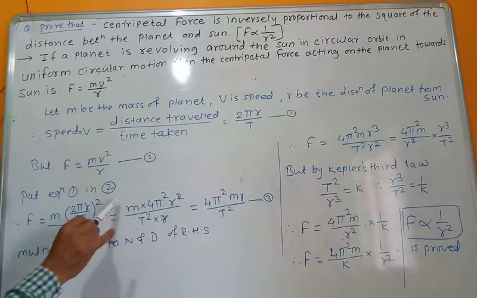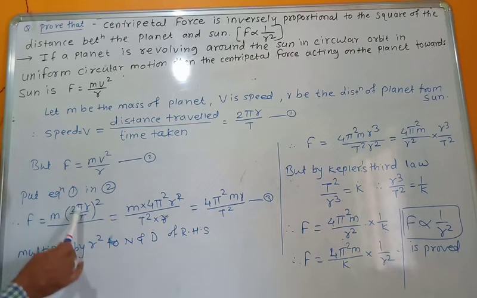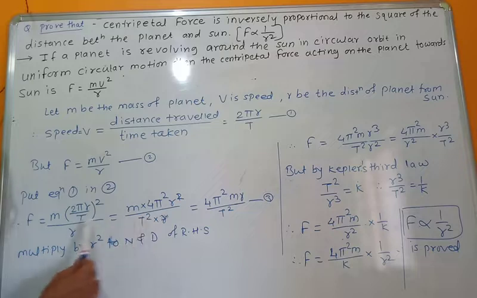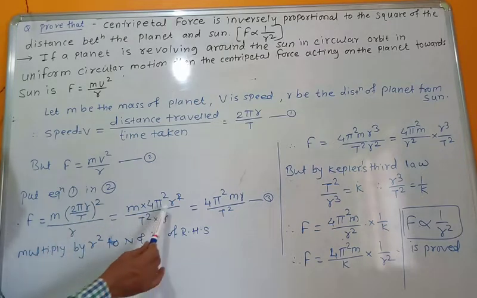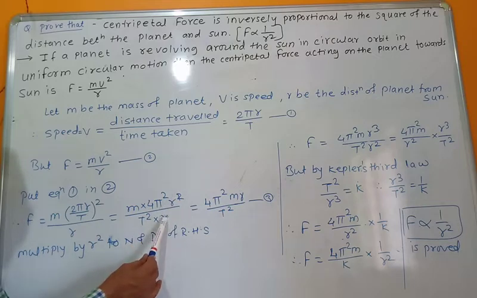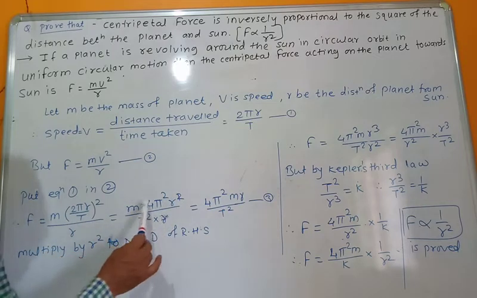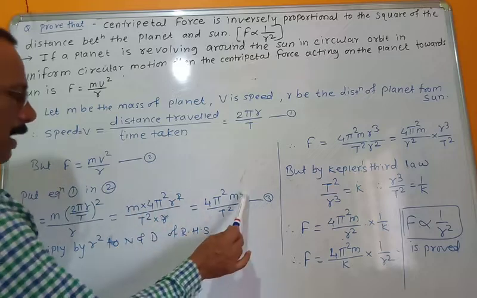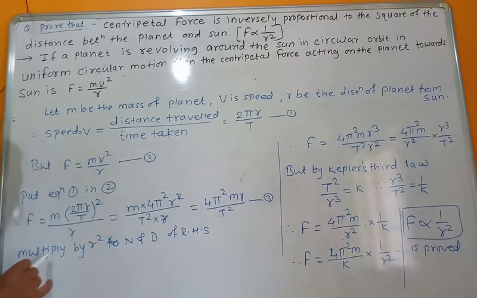That is m into 4 pi square r square by t square, divided by r. One r gets cancelled, and we remain with 4 pi square m r divided by t square.